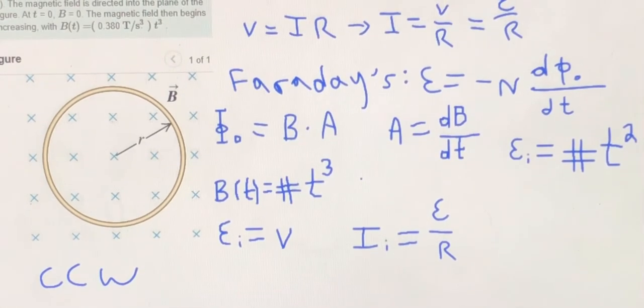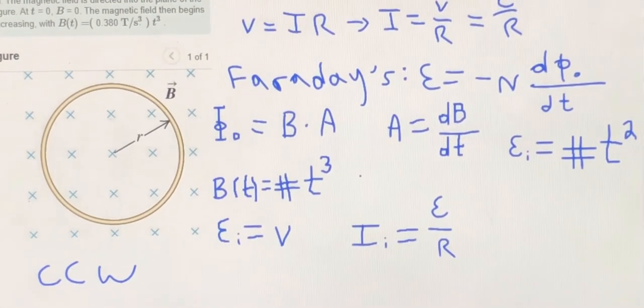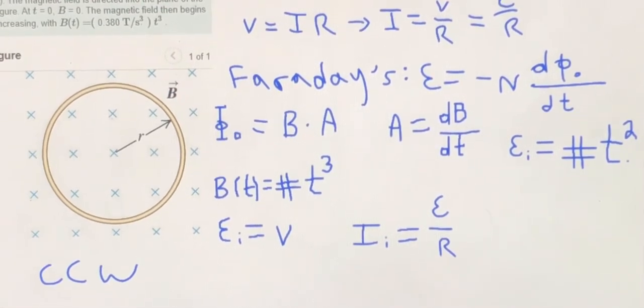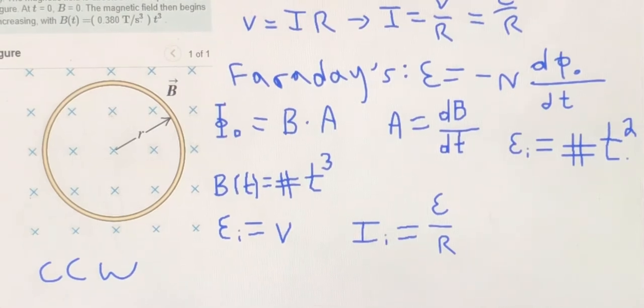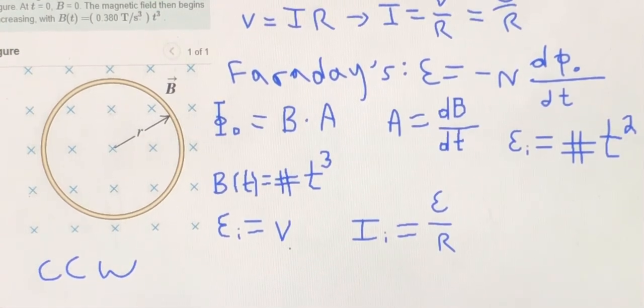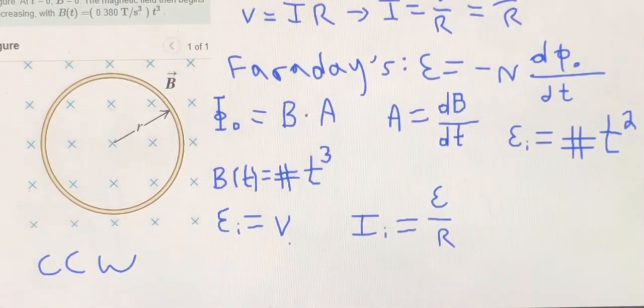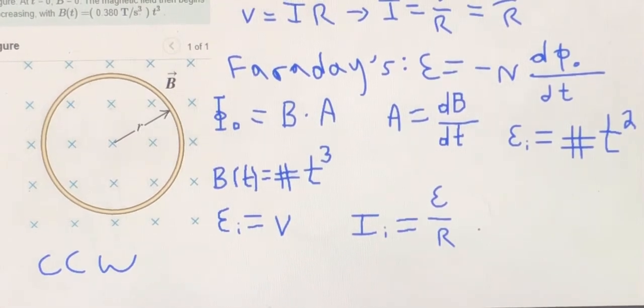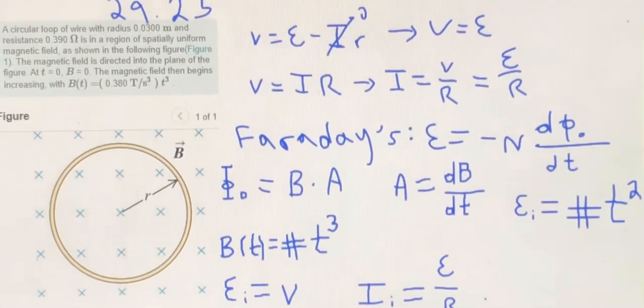You plug that into your T squared here, and you get your EMF value in volts. Now we can find I by plugging them into I equals EMF over R, and that'll give you your answer.